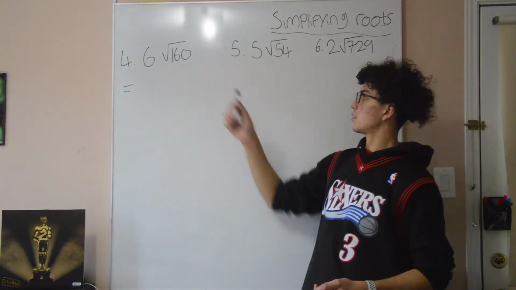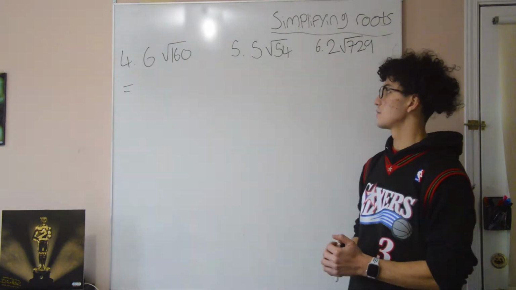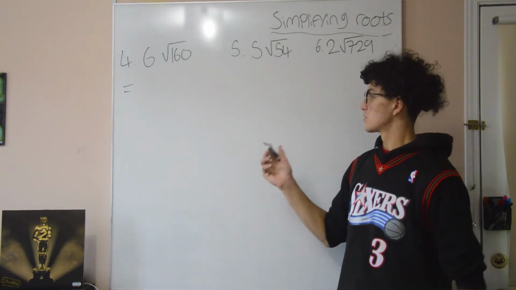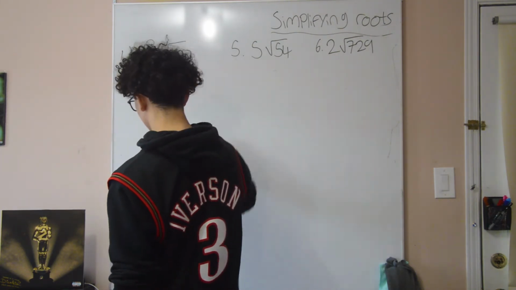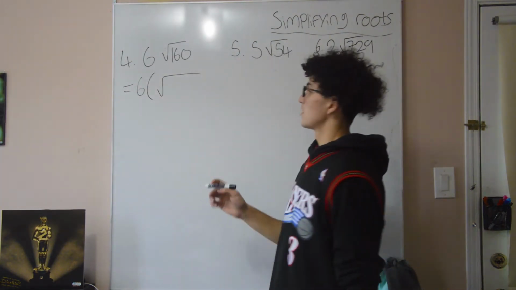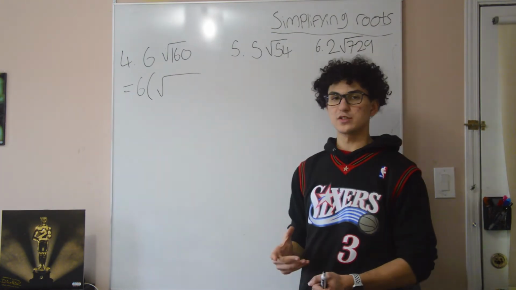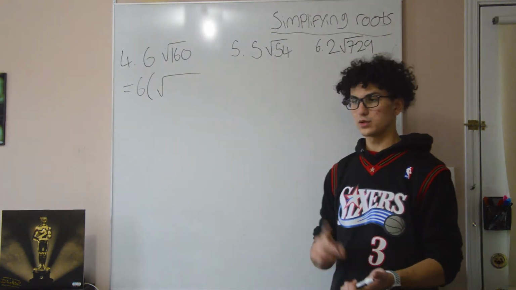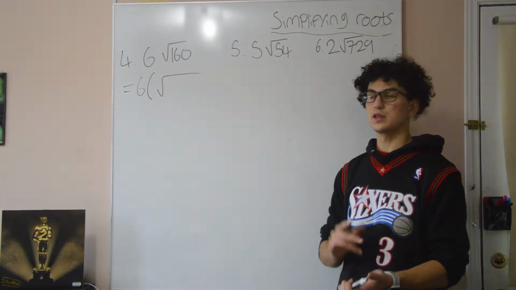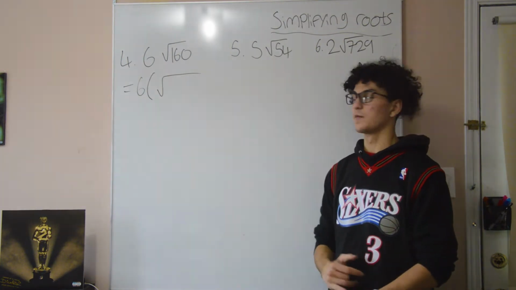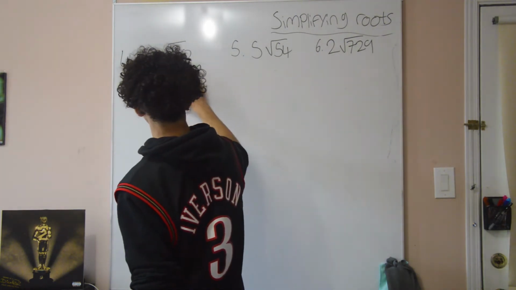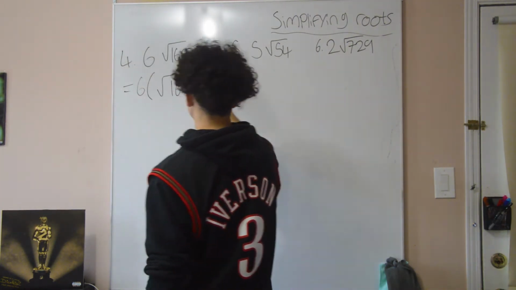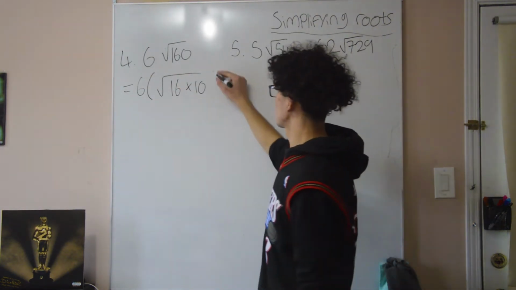Okay, moving on. Example number 4, 6 times the square root of 160. So we want to rewrite our square root of 160 just like that. Now, what are our perfect squares? Well, we know we have 4, we have 9, we have 16, and we have 25. 16 actually works really nicely. 16 times 10, right? 16 times 10 gives us 160.